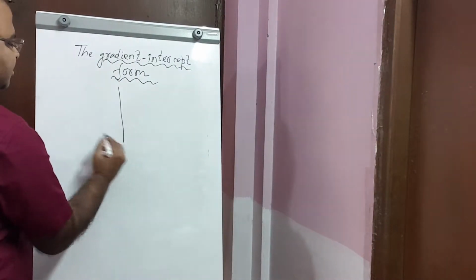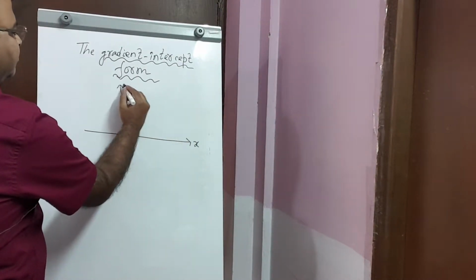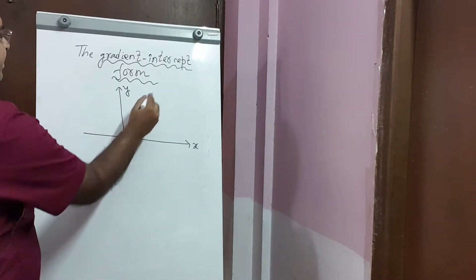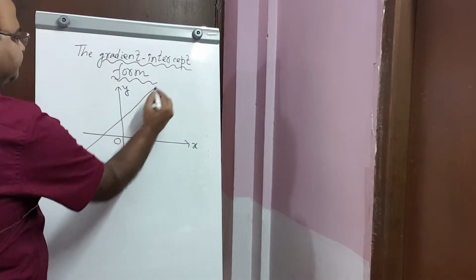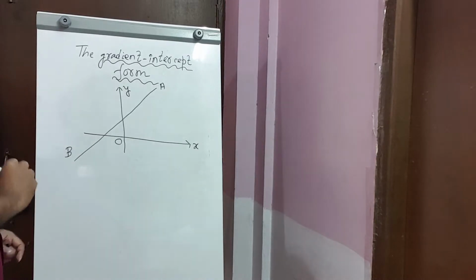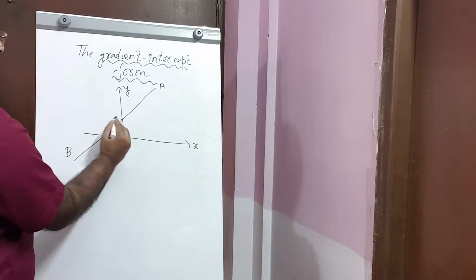So if this is our reference frame, and say we have an oblique line given by AB, which cuts the y-axis above origin at some point, say C.